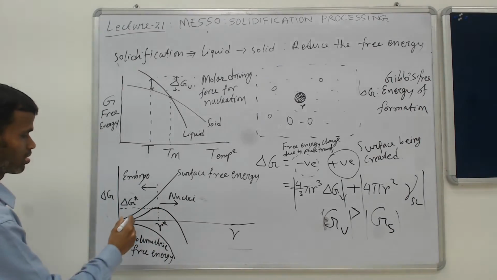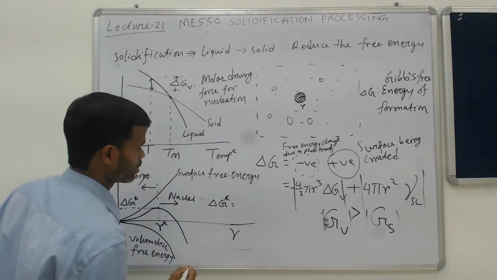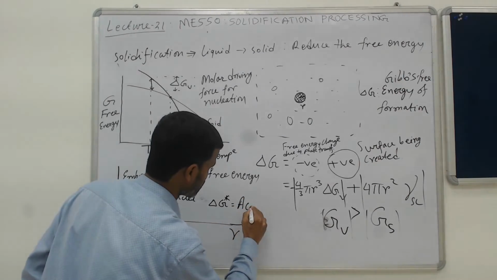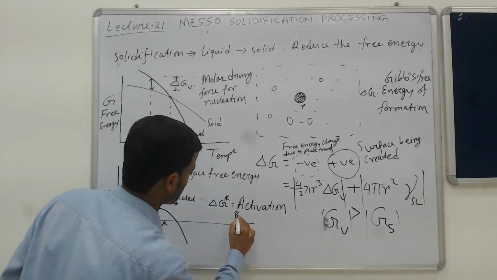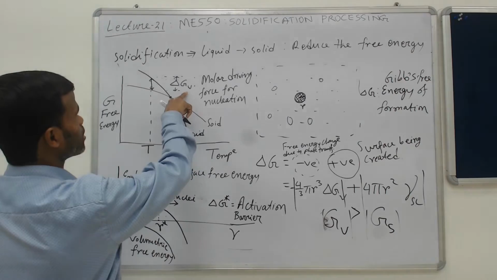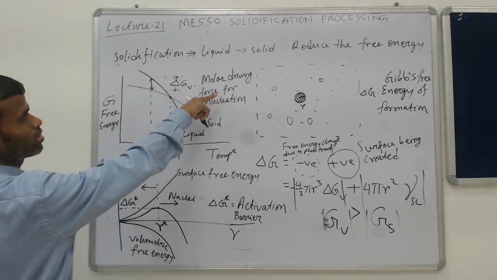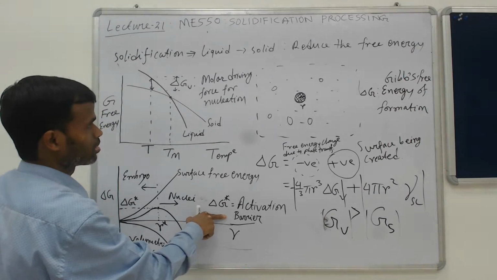That is why delta G star is called the activation barrier. You see, this delta G we call the driving force, and this is the activation barrier.